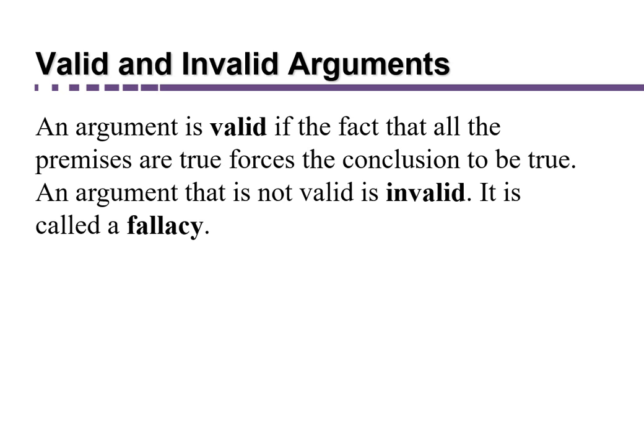An argument that is not valid is invalid and is called a fallacy. So here are some specific terms that are used in this lesson. Again, they should be included in your notes. Pause as needed.